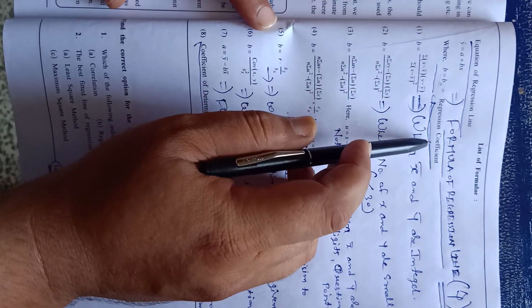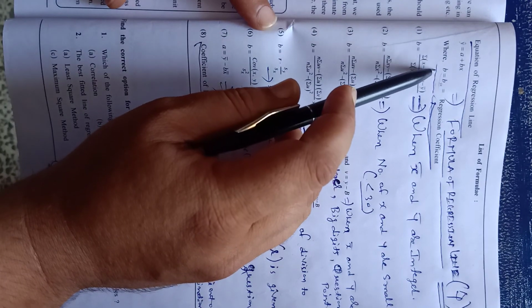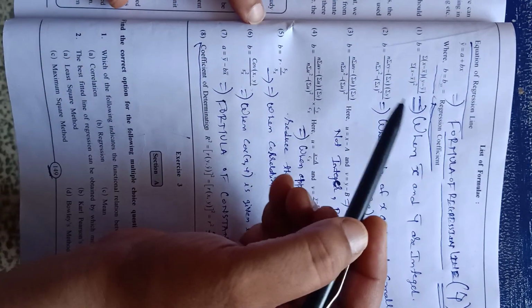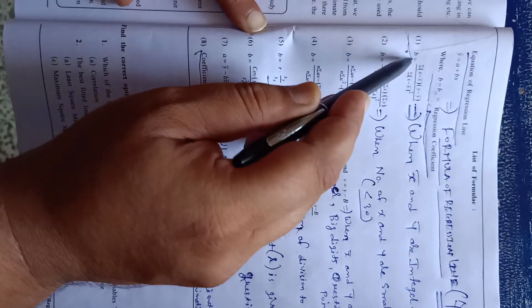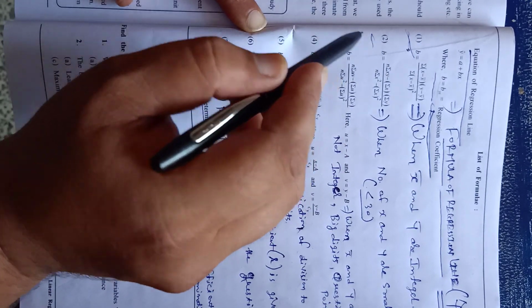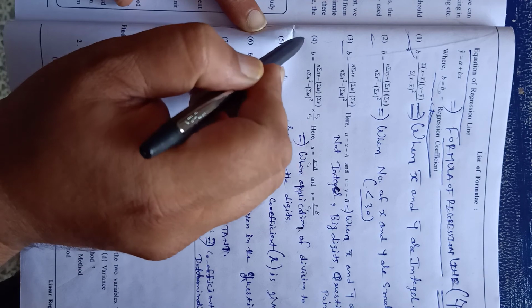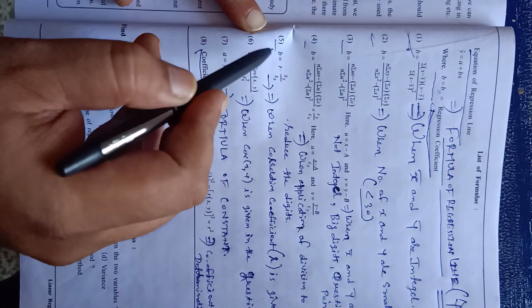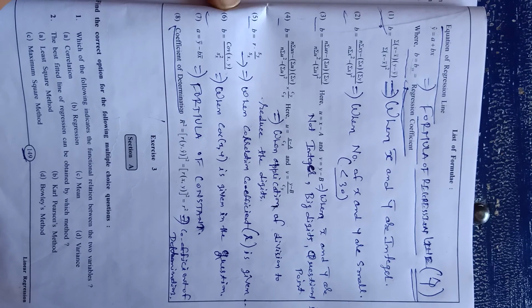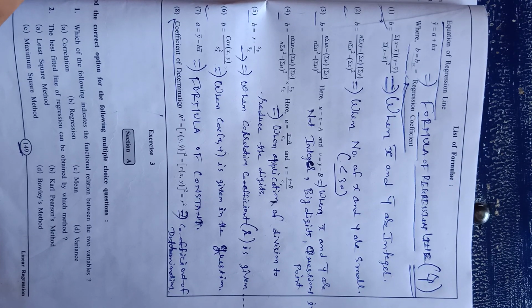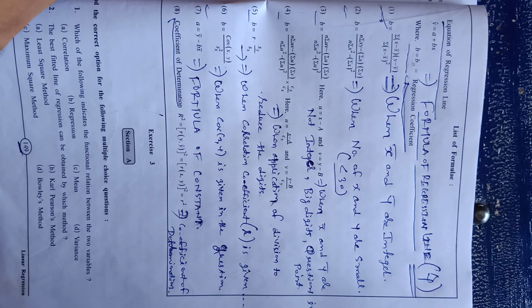To find the regression coefficient, there are 6 different formulas: first, second, third, fourth, fifth and sixth.